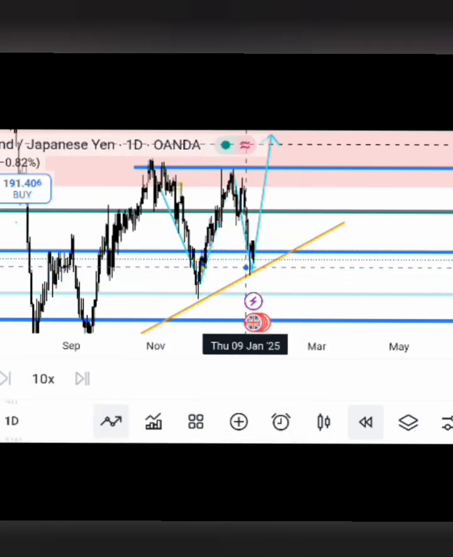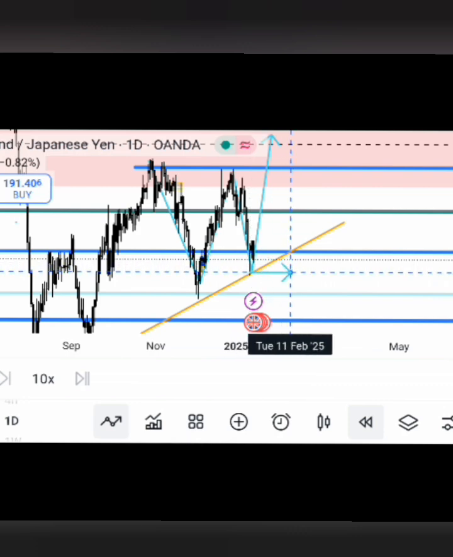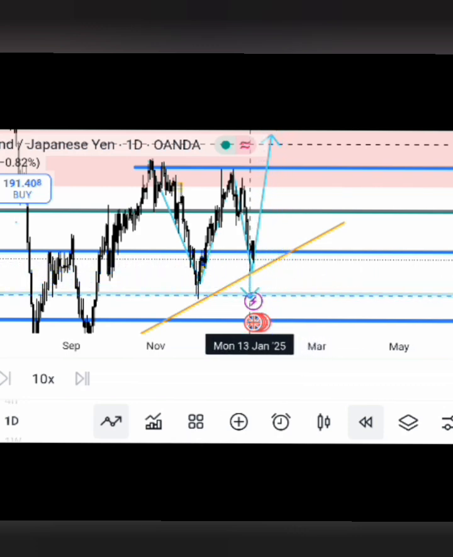If the market does not respect this, and it breaks here like this, then we're expecting it to do a retest on this trend line. Then if you do that retest and it gives us any sign that it's coming down, we know it's going to come down, but we'll hit this resistance first, then this resistance. I don't know if you are getting it.